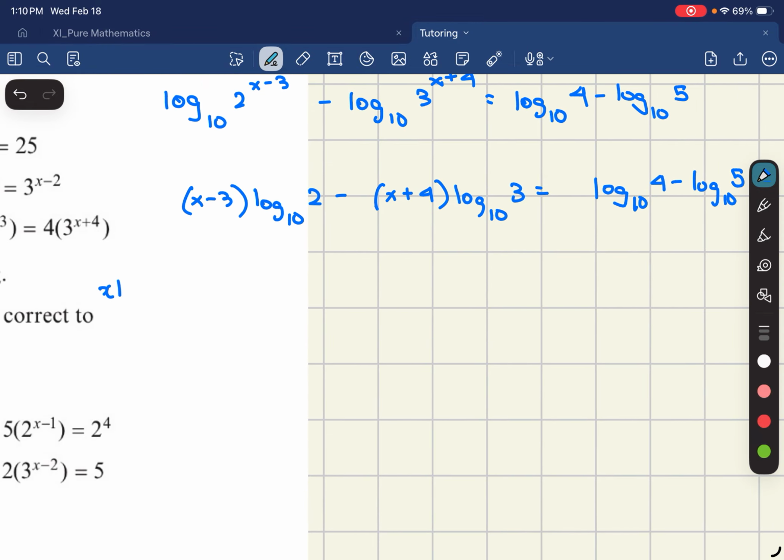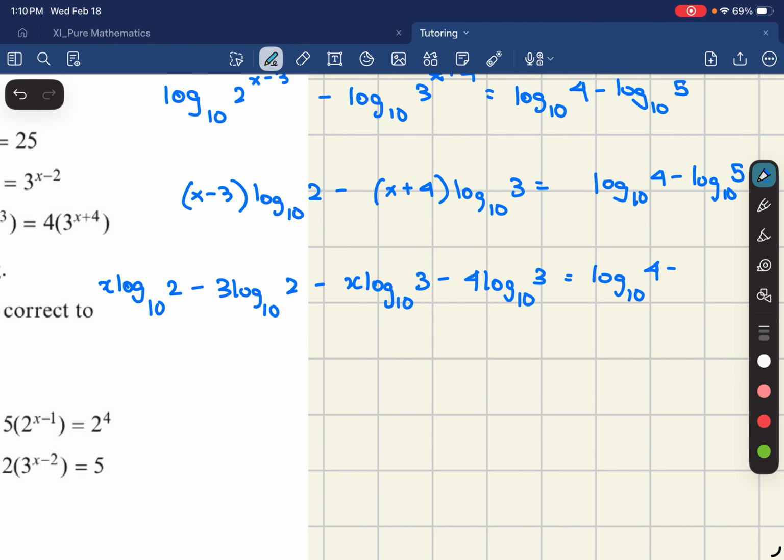So when I simplify it out, I get x log base 10 2 minus 3 log base 10 2 minus x log base 10 3 minus 4 log base 10 3, and I have log base 10 4 minus log base 10 5.